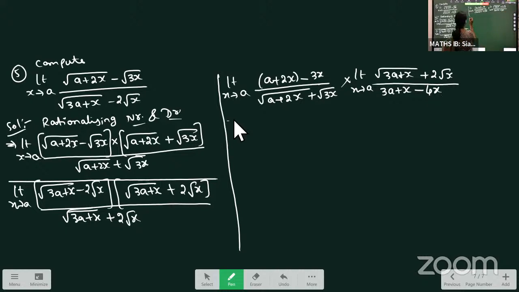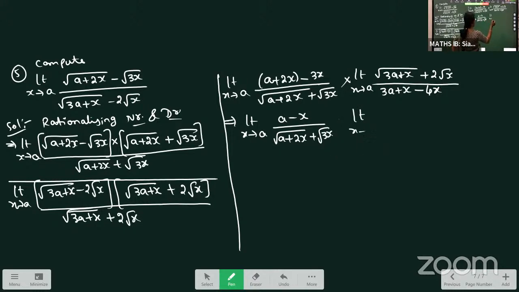Now, limit x tends to a. a + 2x − 3x is −x, by √(a + 2x) + √(3x), into limit x tends to a, let the numerator be as it is, √(3a + x) + 2√x, by 3a + x − 4x is −3x.